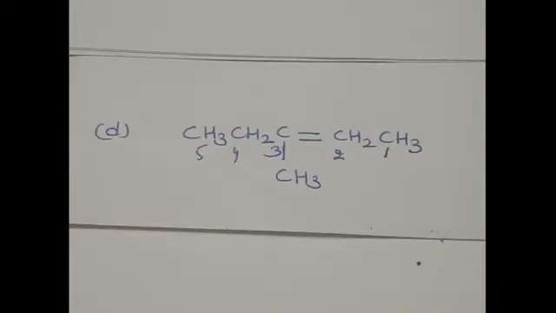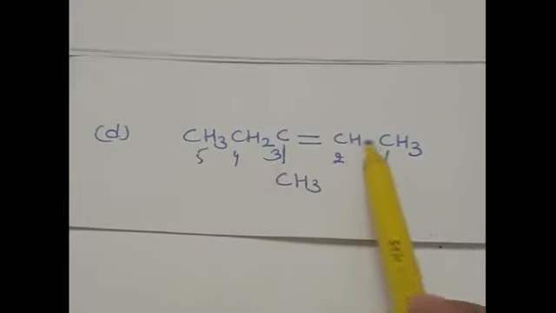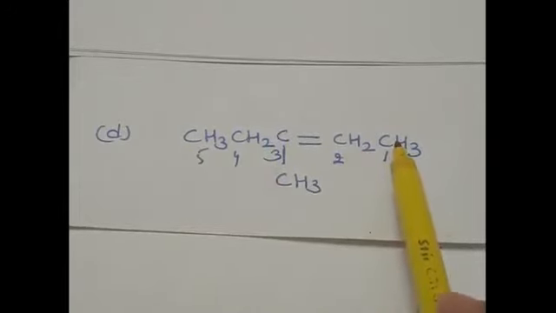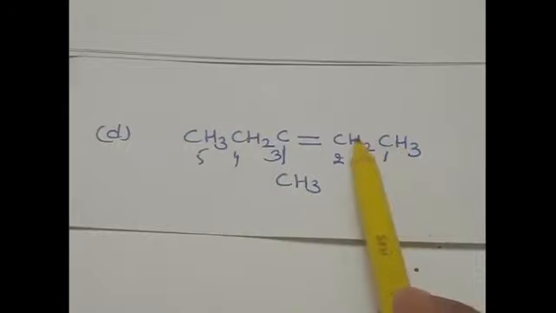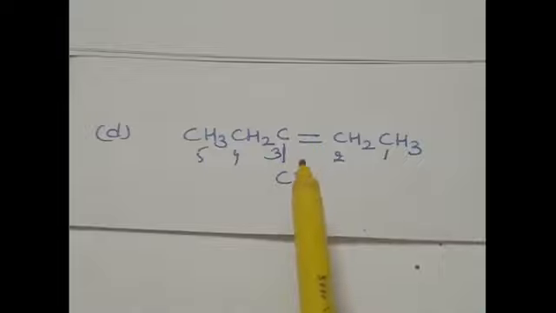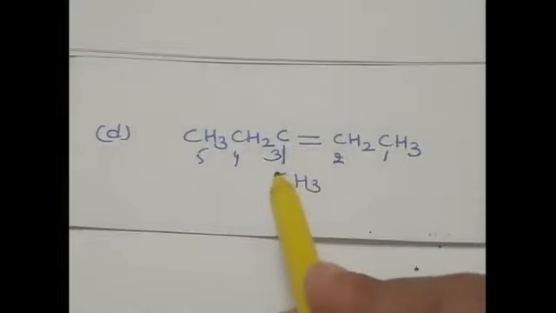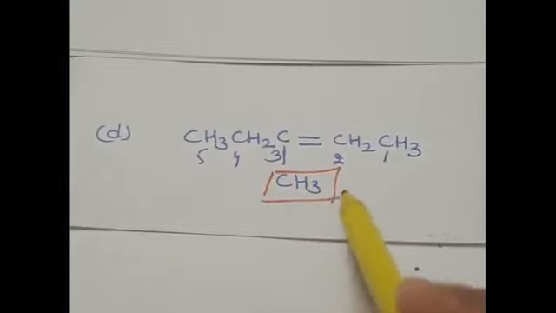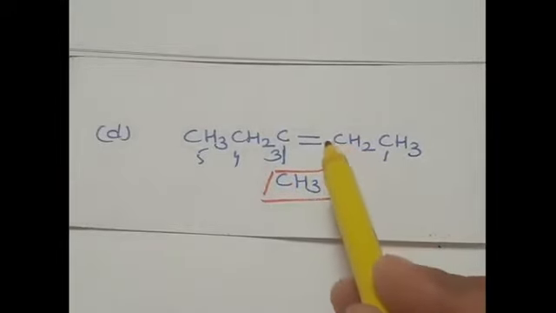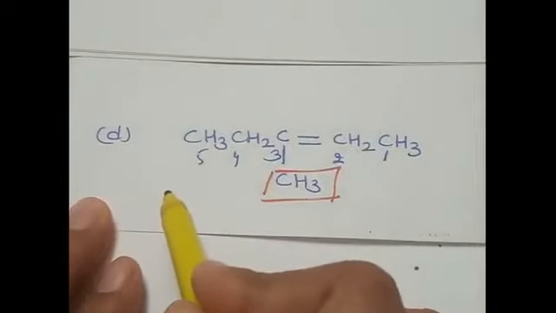Part D is CH3, CH2, C, CH3 double bond CH2, CH3. Here the longest chain is 1, 2, 3, 4, 5. So this is a 5 carbon chain, a pentene, and at the third carbon we have the methyl group present here, and at the second carbon we have the ene. So how do we have to name it? First we have to write the name of the prefix.